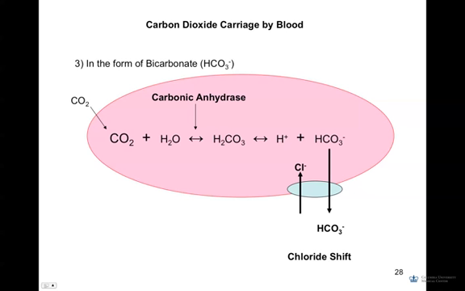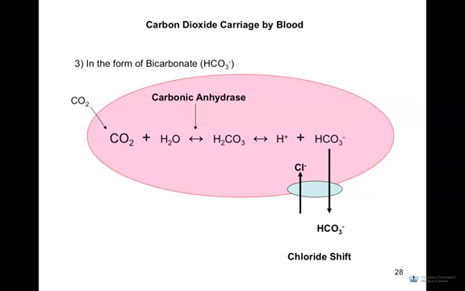Okay? So CO2 levels rise in the blood when blood is relatively deoxygenated, right? It's leaving tissues and it's headed back to the heart and the lungs in order to get oxygenated.